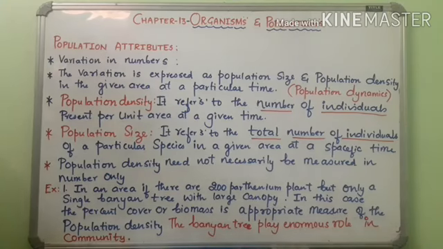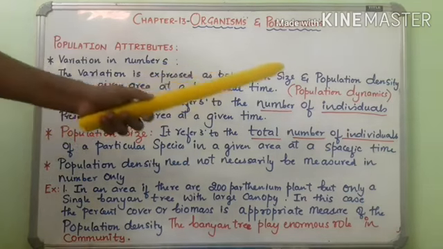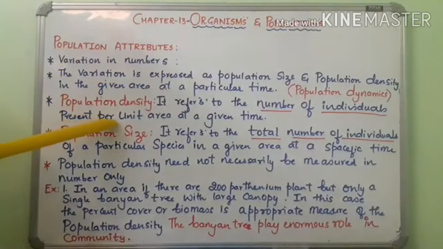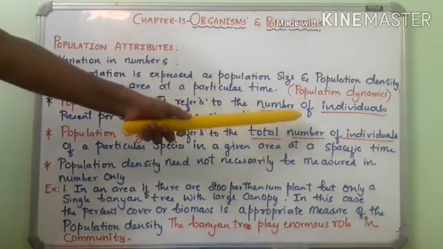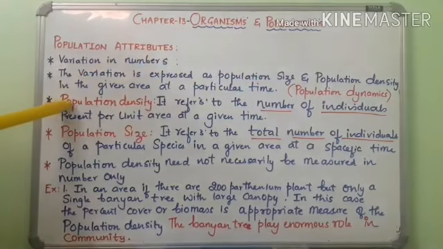We are talking about per unit. So the population density refers to the number of individuals present per unit area. The unit area represents the classroom, and the number of individuals means the number of students in the class. That is what we call population density.